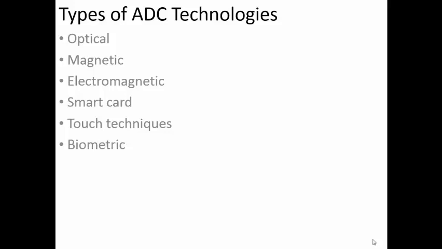Any command can be given by voice or by gesture movements. Some data will be captured and it can be further processed. So these are some of the important technologies which are used or can be used for capturing the data without much of a human being entering the data into the system.